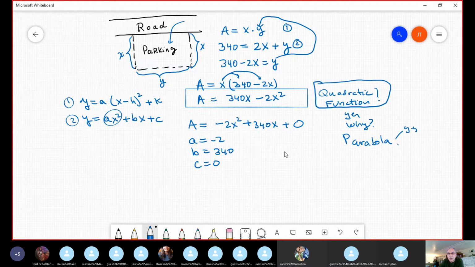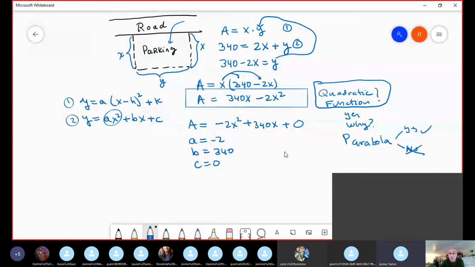Parabola yes, because any quadratic function is a parabola. Therefore, does this parabola open down or open up? Down. How do you know it's down? Because a is negative. So this parabola opens down like that.